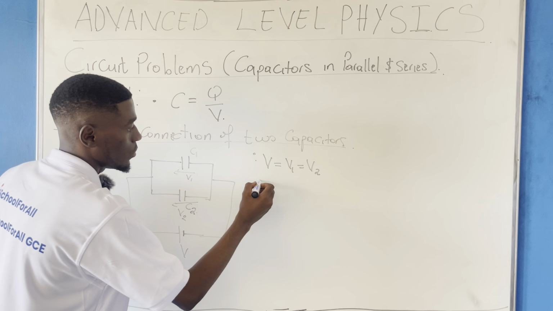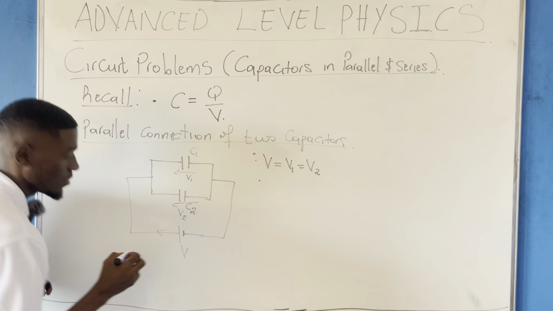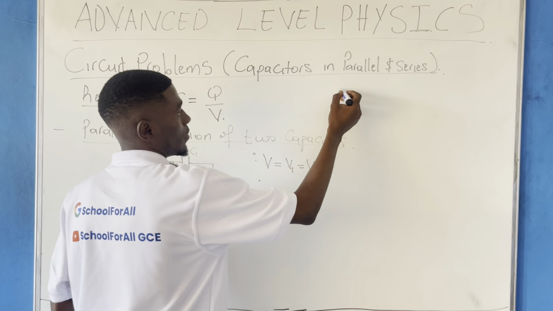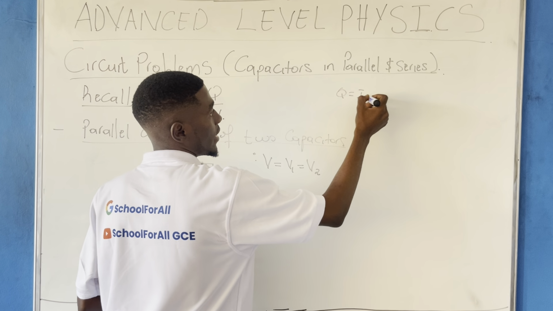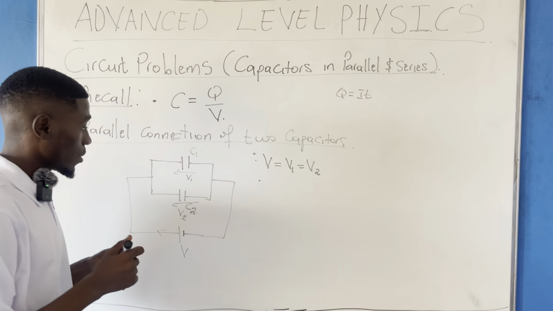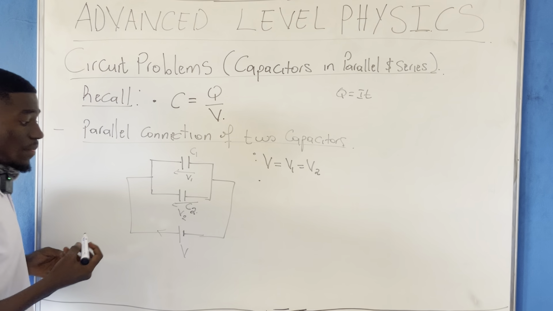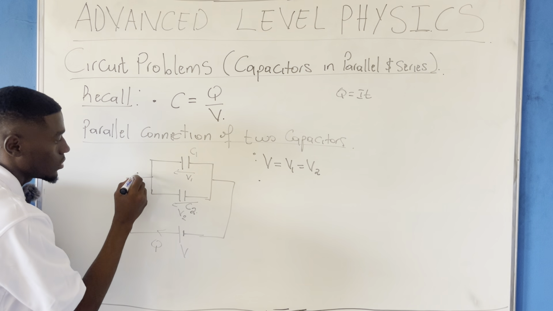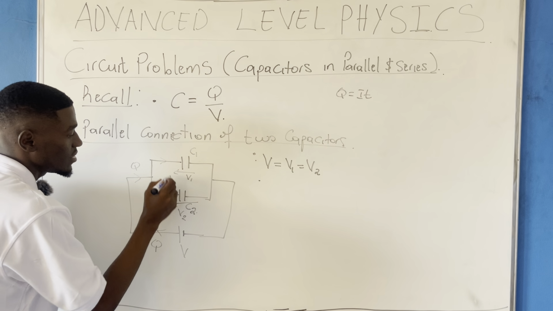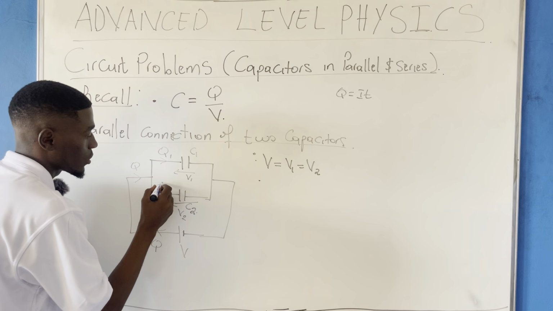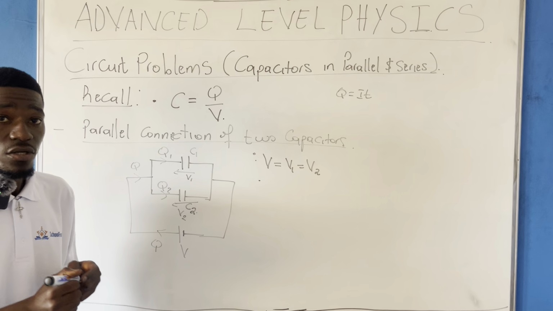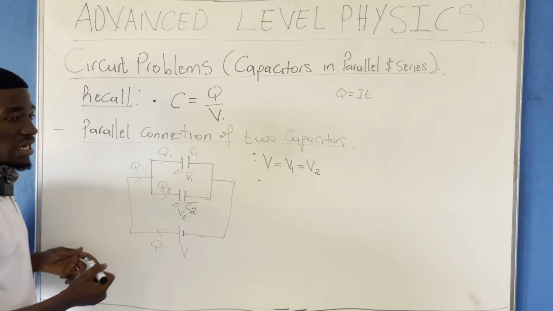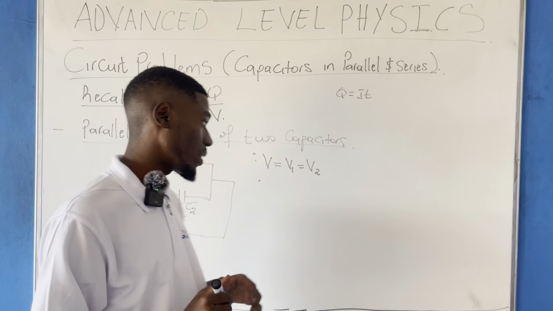Also, we know that charge is current times time, charge is IT. So it is still like current. So it means that the charge delivered by this cell, it is Q, will split into two, Q1 and Q2, exactly as current.